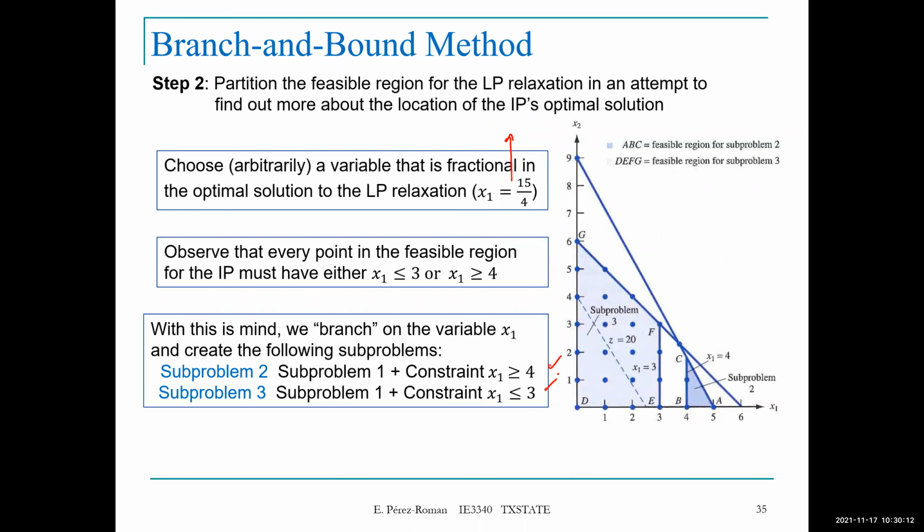So that's what this is representing. This constraint right here is x1 less than or equal to 3. And this constraint right here is x1 greater or equal to 4. So what I'm doing now is splitting the feasible region in 2 areas by adding these additional constraints that are forcing x1 to cut the feasible region when x1 equals 3 and cut the area where x1 equals 4.